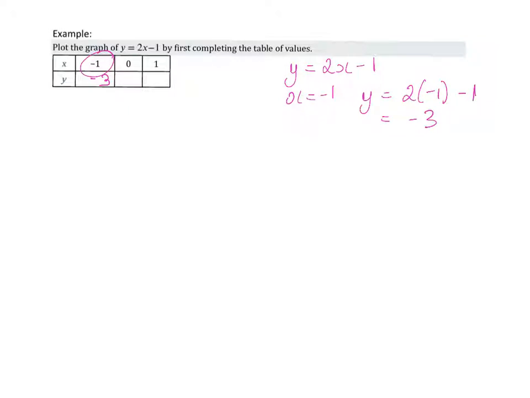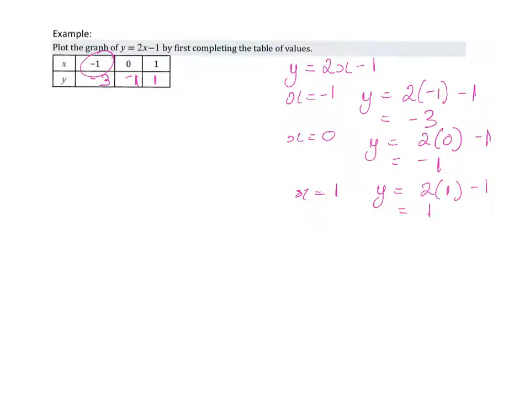Then my x value is 0, and I get y is equal to 2 times 0, take away 1, just substituting it into your rule, and you get negative 1. And the last one is when x is equal to 1, substitute it in again, 2 times 1, take away 1 is positive 1.